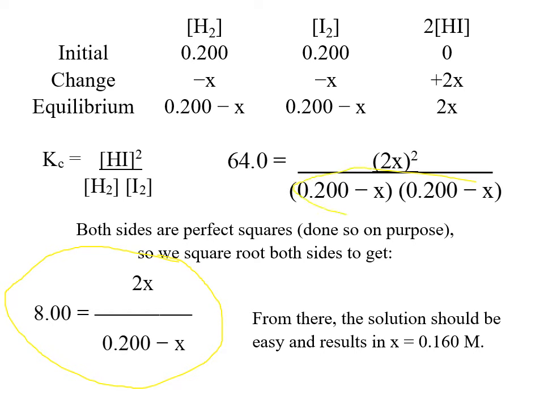I have two of these here. And then I can take the square root of both sides, rearrange, and solve for x, and I get x equals 0.16 molarity. And then you can plug that in and you can solve for the equilibrium concentrations for every single species.